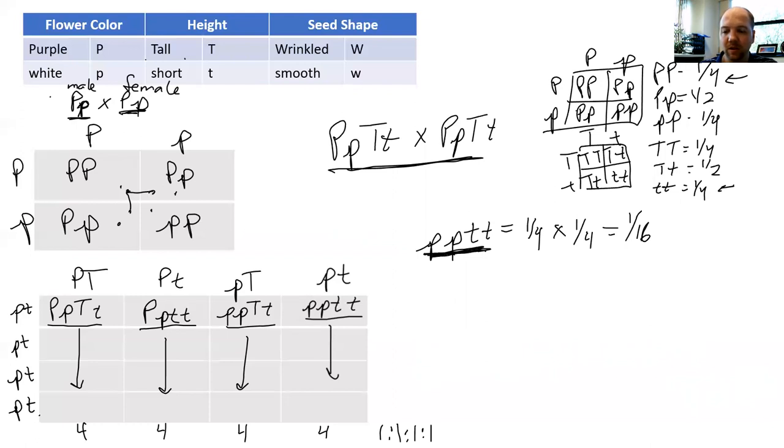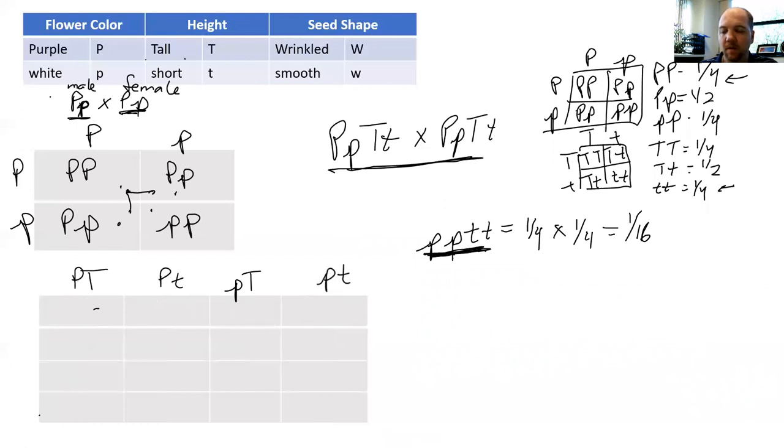Let's do a Punnett square real quick, and see if we got this right. So if both parents are heterozygous for both traits, then the Punnett square is going to look like this. And so let's fill this out real quick.